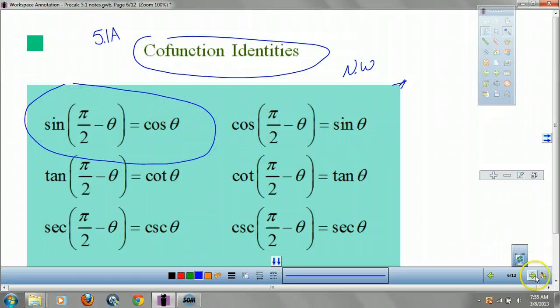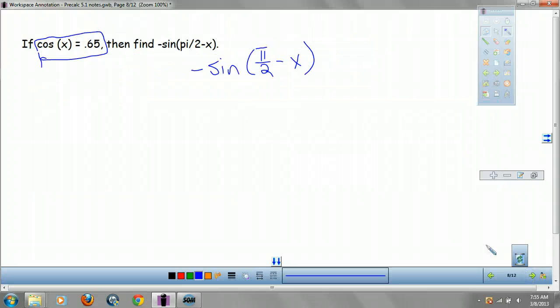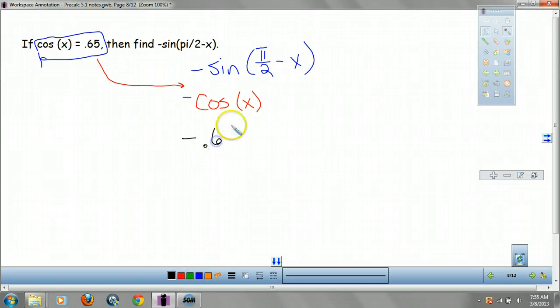That's the same thing as cosine. So I change this into negative cosine of x, using my co-function identity. What was cosine of x? It's 0.65. So my answer is negative 0.65. Whenever you see a pi over 2, guys, that's a good hint that you're going to be changing that function to another one.